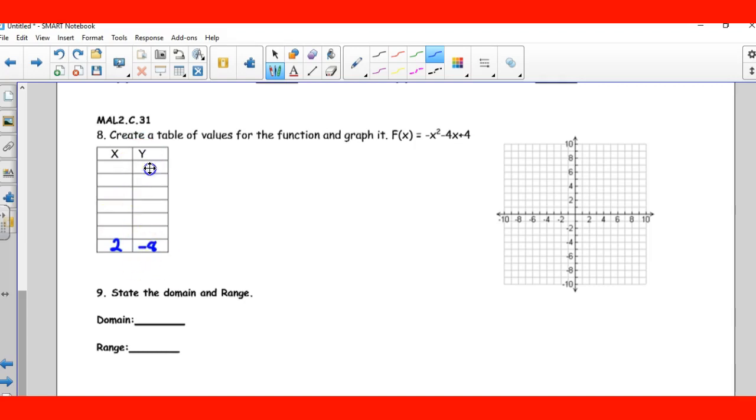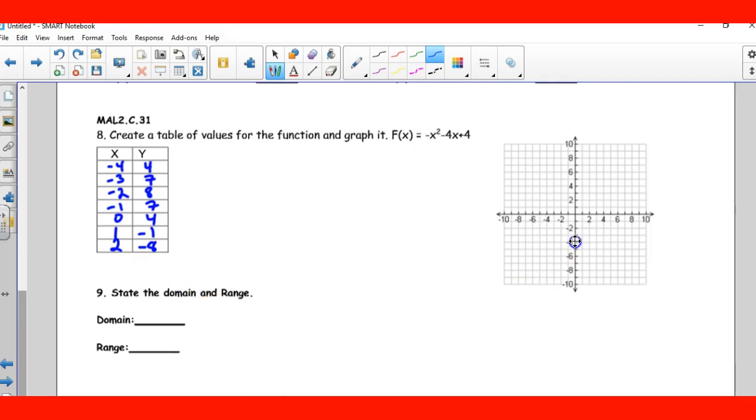The reason I'm working down from up doesn't matter. You can put it in however you want, but make sure they're in order. 0, 4. Negative 1, 7. Negative 2, 8. Negative 3, 7. Negative 4, 4. So I'm going to put those on the graph.